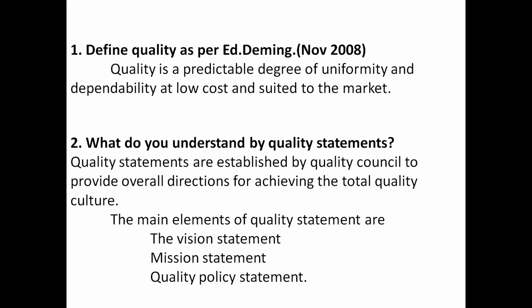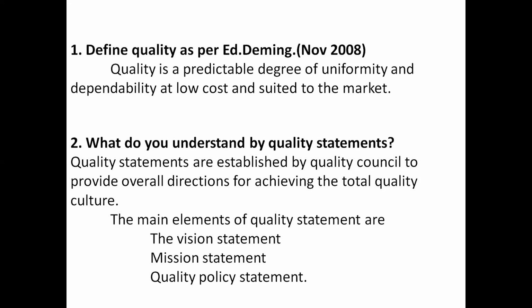Second question: what do you understand by quality statements? Wherever you go, any company related to ISO 9000 or NBA, NAAC, any institution or organization should have the quality statements. The quality statements are established by the Quality Council to provide overall direction for achieving a total quality culture.